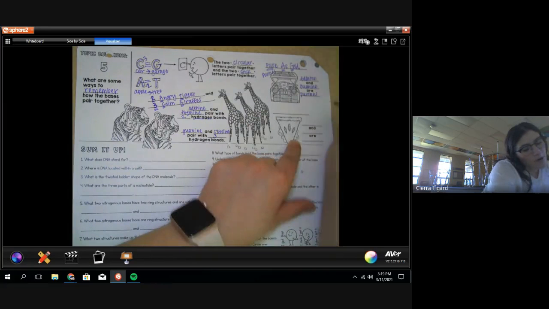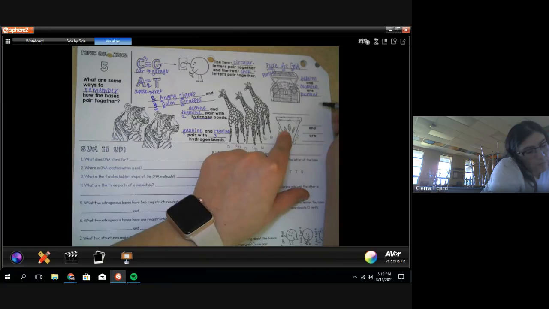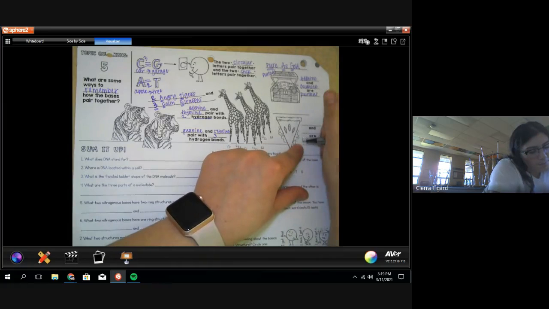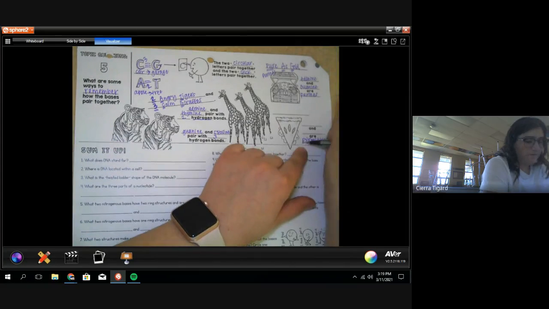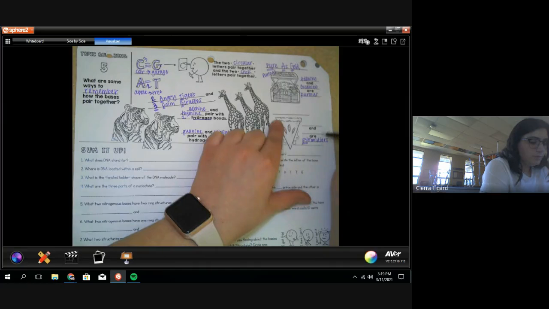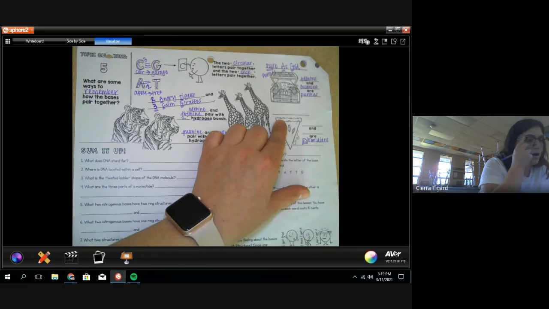And now we have our pyrimidines. How you spell it is pyrimidines. So we're going to be focusing on the PY. And we know that because adenine and guanine are purines, that means that cytosine and thymine are pyrimidines.